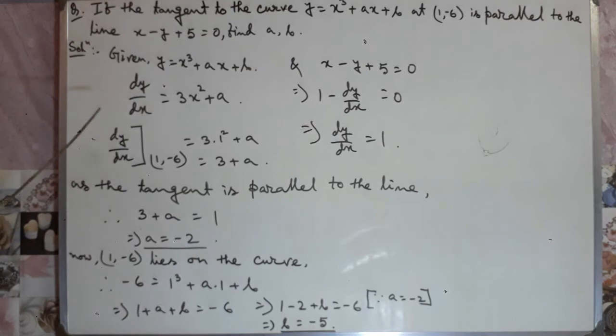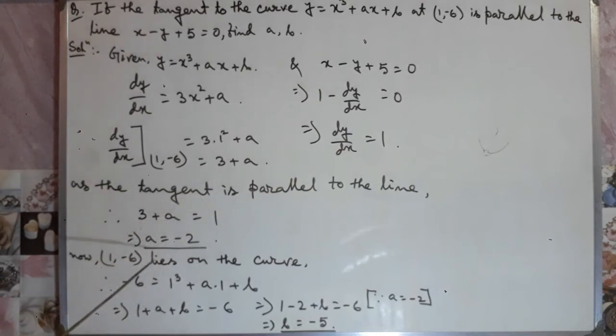So, for the curve, the value of dy/dx at the point (1, −6) is 3 + a. Now, as the tangent is parallel to this line at that particular point (1, −6), the slope at that point is equal to the slope of that straight line. So, that is 3 + a = 1.